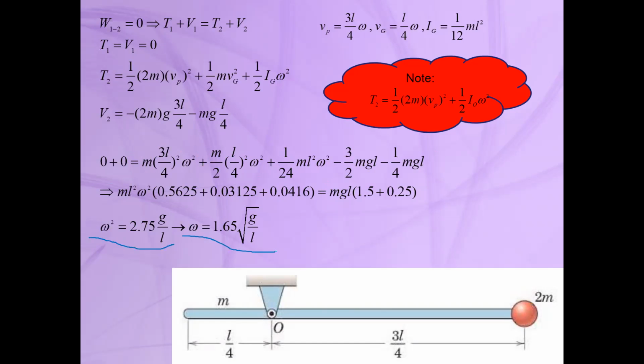So only the parameter L, the length of this rod, will affect the angular velocity omega. Any question? Clear?